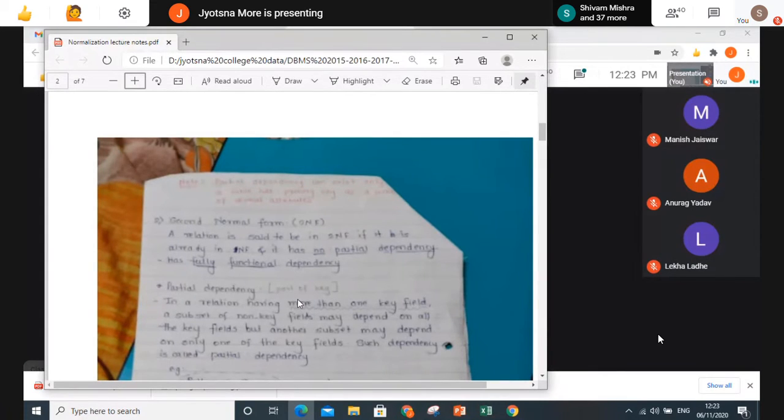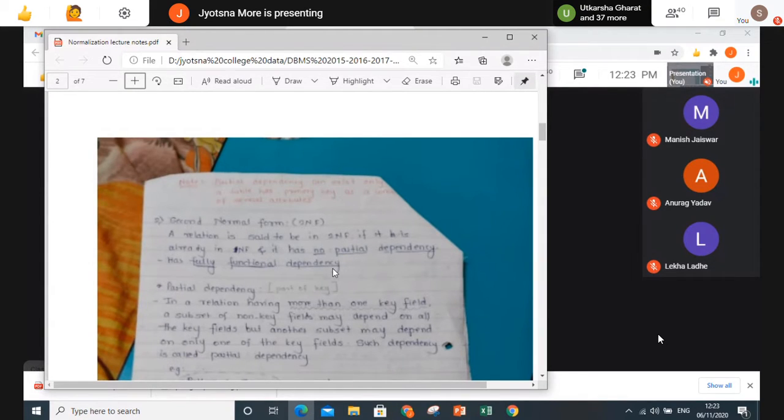In a relation having more than one key field, a subset of non-key fields may depend on all the key fields, but another subset may depend on only one of the key fields. Such dependency is called partial dependency. Means I have, suppose, project number and project name as a primary key. Correct? I have two attributes in the table, project number and project name, and the combination is my primary key.